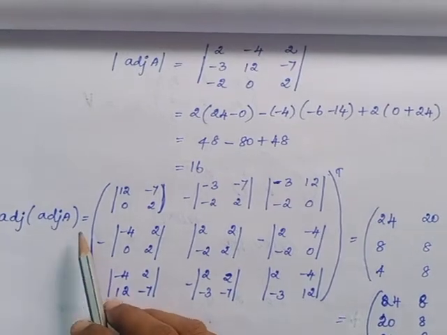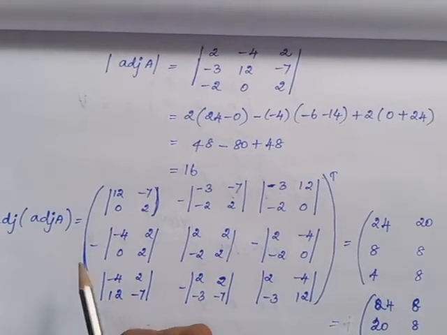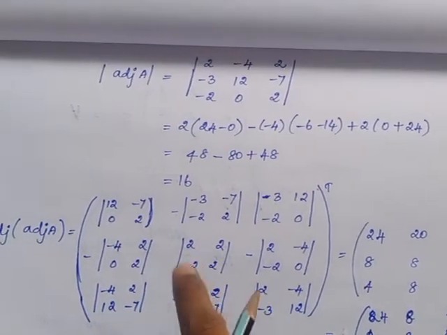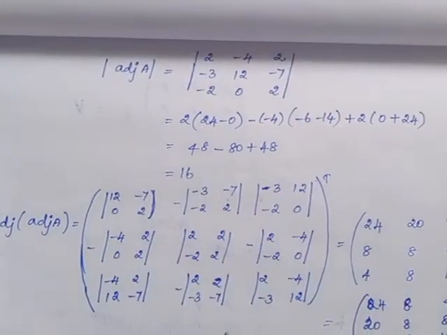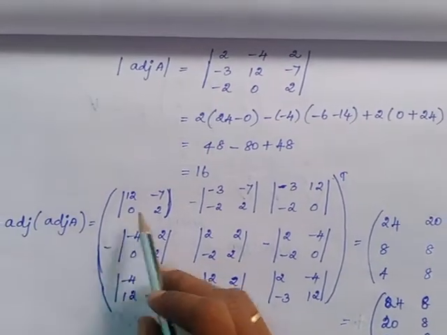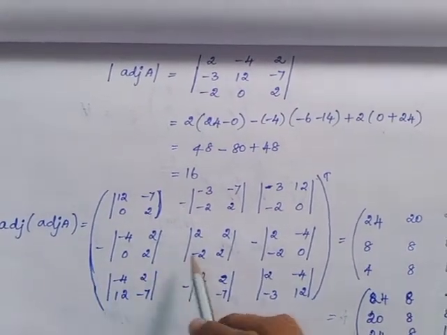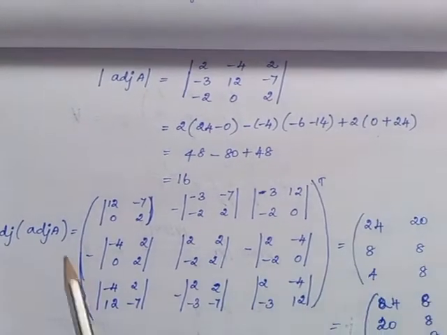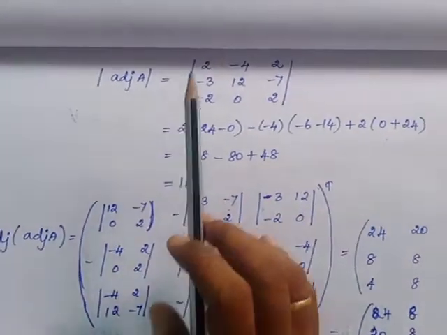Adjoint of adjoint A means first we have to find the transpose of the cofactor matrix for the given adjoint A matrix. The cofactor sign pattern is plus, minus, plus, minus, plus, minus, plus, minus, plus. Next you have to find the minor for every element.